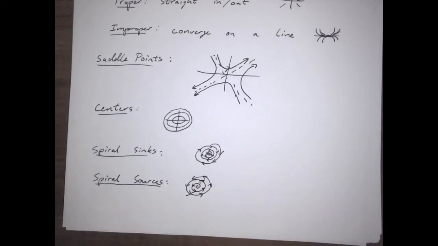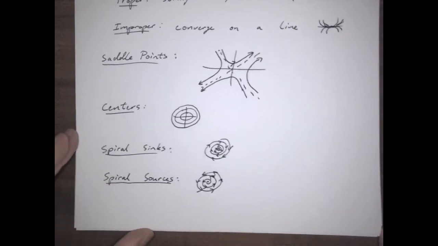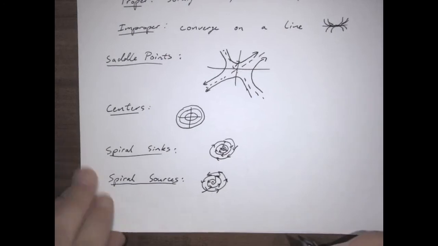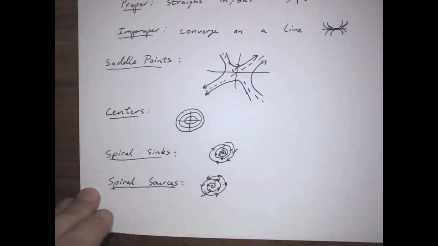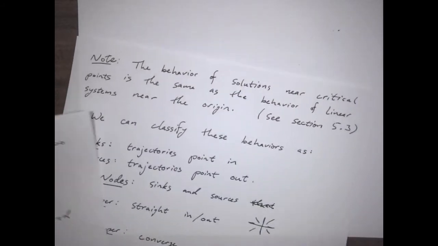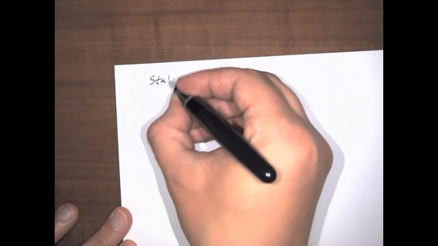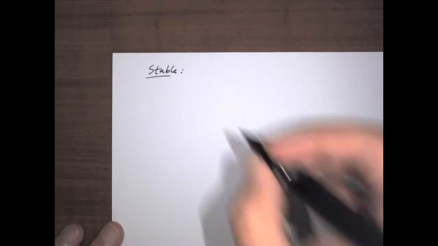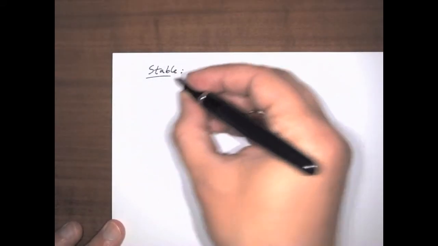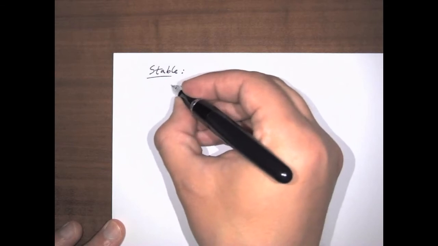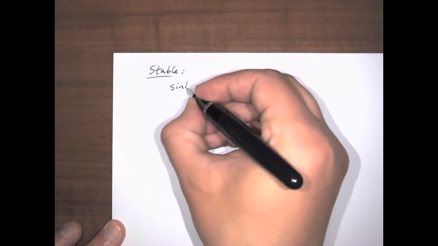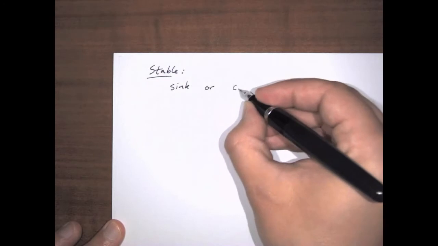Alright, now what we specifically will also do is categorize these as being stable or unstable, and then also add in asymptotically stable. So stable refers to basically any kind of a sink or center.